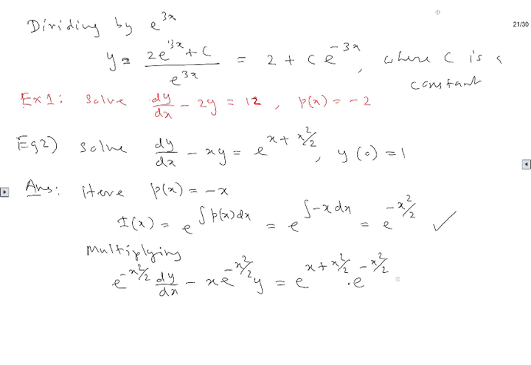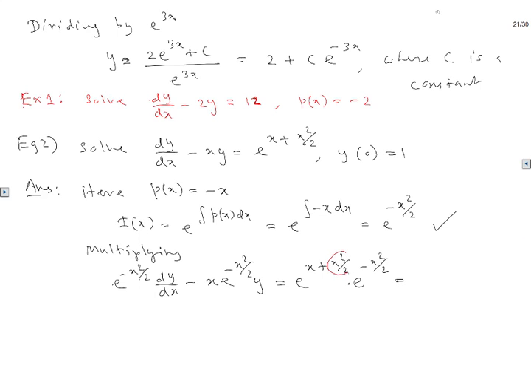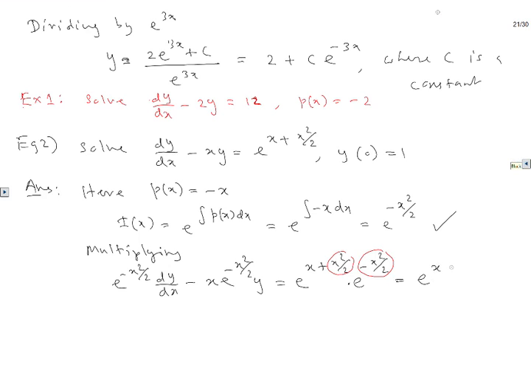So what's going to happen? You're going to multiply two terms with the same base. So you can see that this term and that term cancel out, so you simply end up getting e to the x. Okay? So you just get e to the x. That's it.